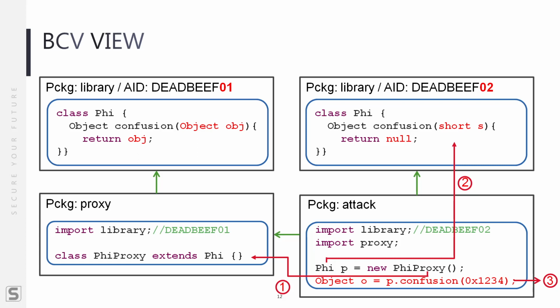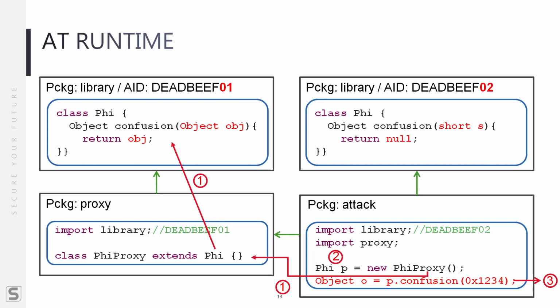From the BCV point of view, everything is fine, as the phyproxy class inherits from a class called phy in a package named library. Therefore, when the confusion method is called, the BCV expects that this method takes a short as parameter and returns a reference. Moreover, it is expected that the return value must be the null value.